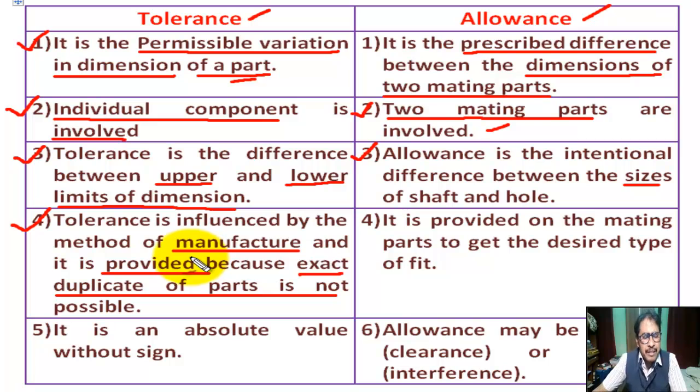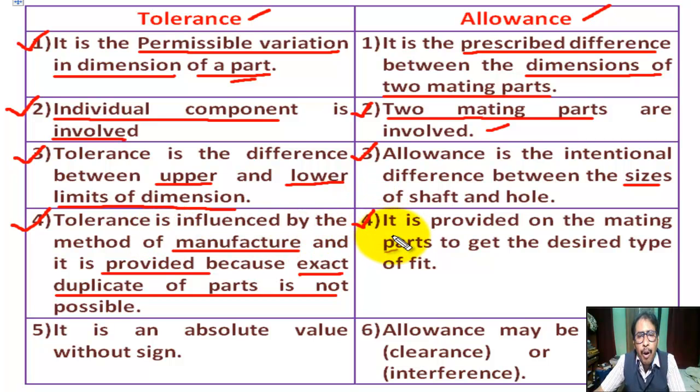It is impossible to produce a component with the exact specified dimension. For this, tolerance is necessary.